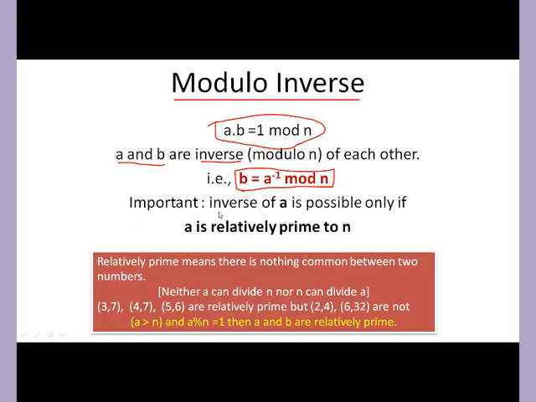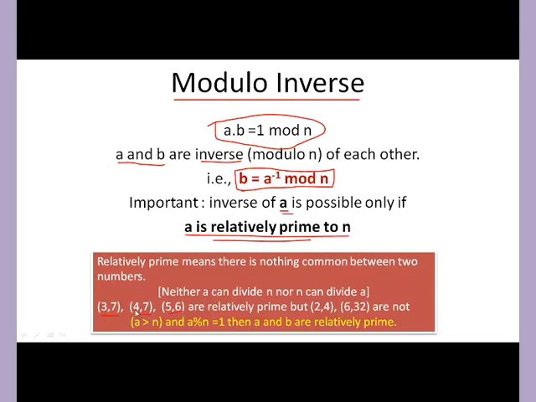An important factor is this: the inverse of A is possible only if A is relatively prime to n. What is relatively prime? Relatively prime means if we take two numbers and nothing is common between them, if we are bounded to integer calculation only. Look here, 3 and 7, nothing common; 4 and 7; 5 and 6.